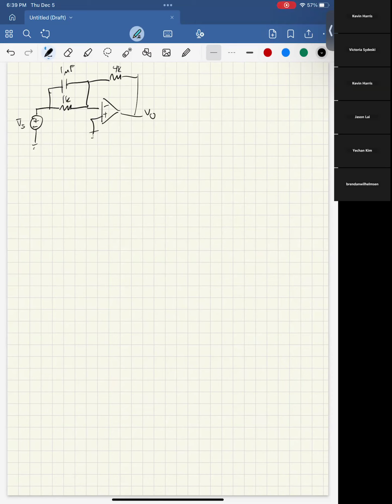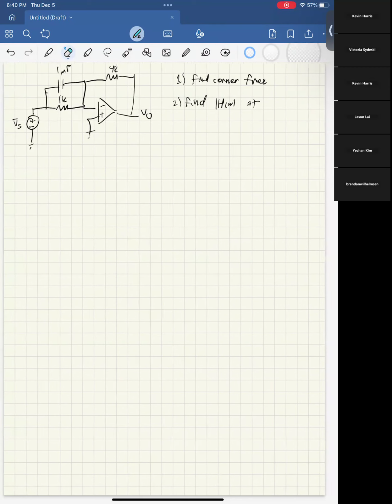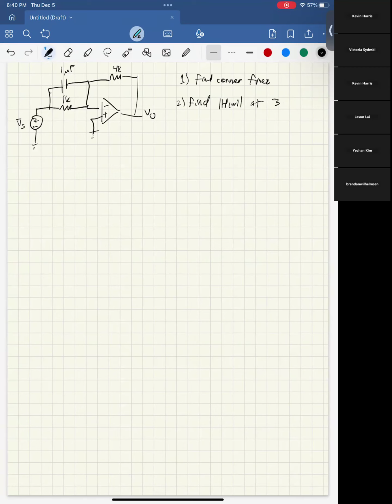Okay, and it's saying part one, find the corner frequency, and two, find the magnitude of the transfer function at three times the corner frequency.